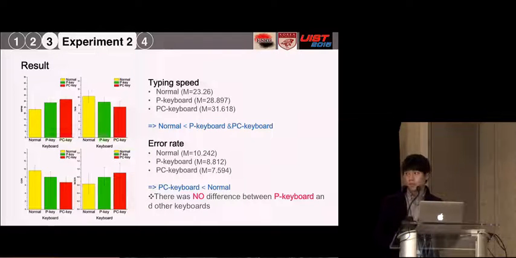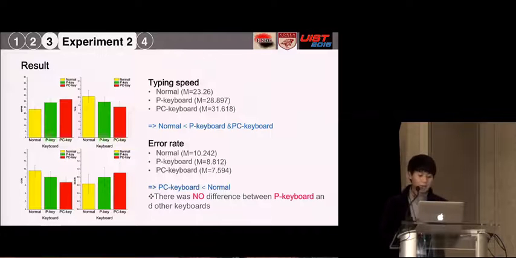In the case of typing speed, the normal keyboard was 23.26 WPM, the P keyboard was 28.89 WPM, and the PC keyboard was 31.62 WPM. So the normal keyboard had the slowest typing speed.